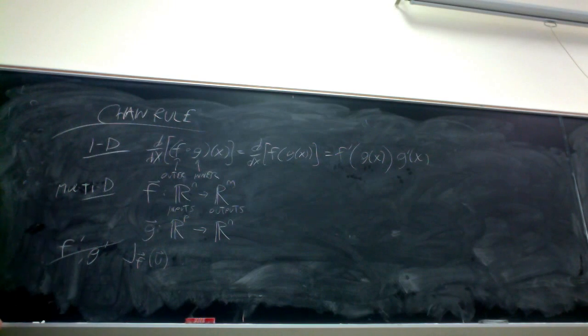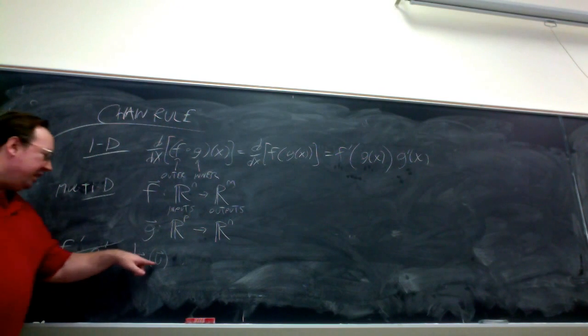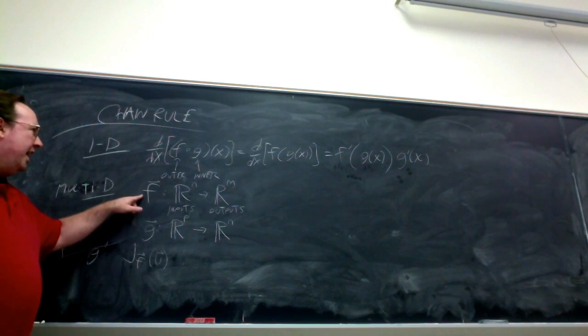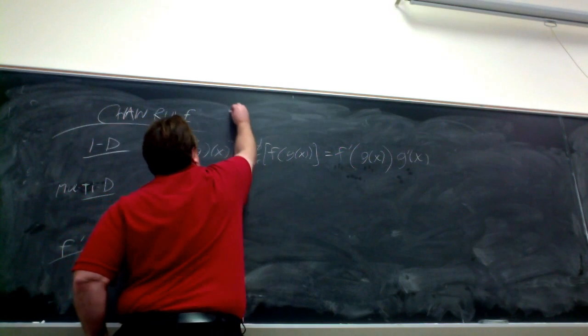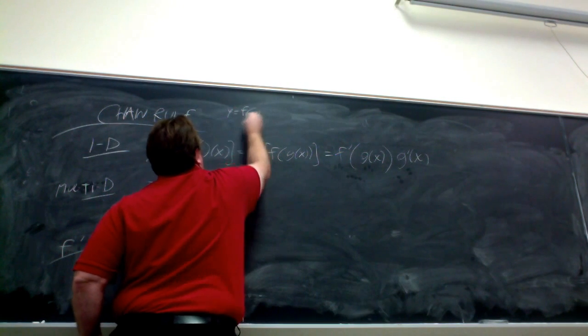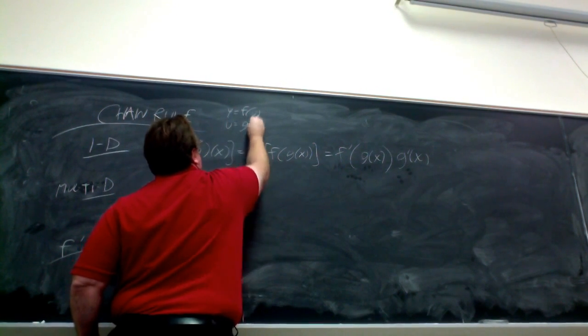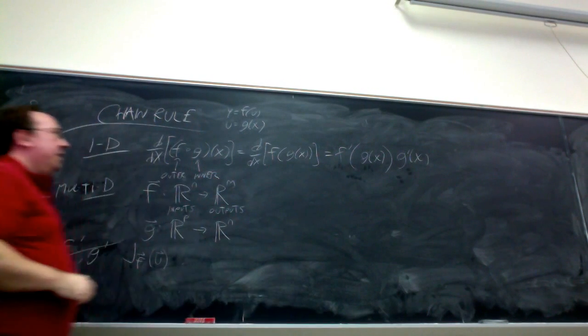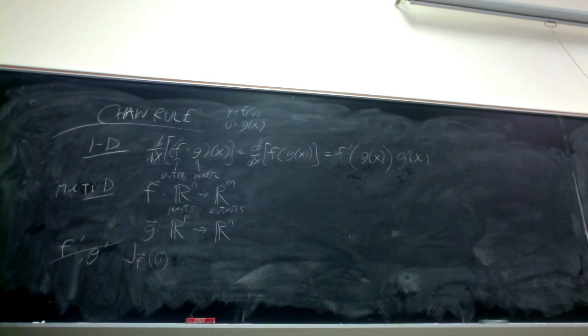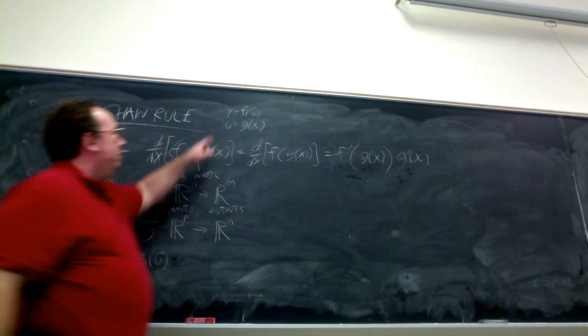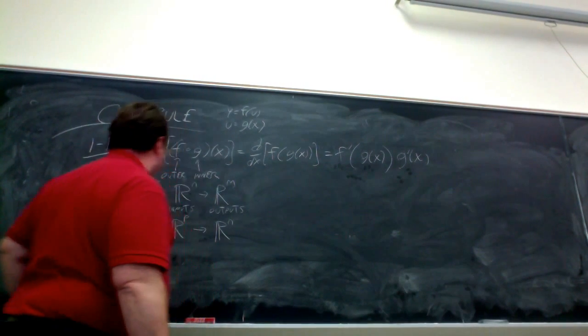I'm going to use u to refer to my inputs to f. So the idea is y is equal to f of u, which is equal to g of x, because x is what gets plugged into g ultimately, and then we will eventually put the two functions together.